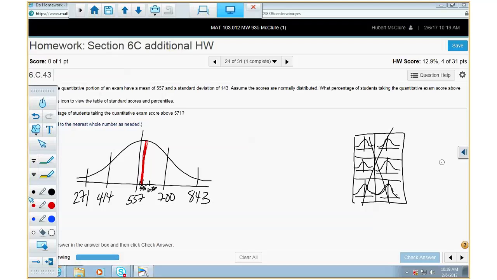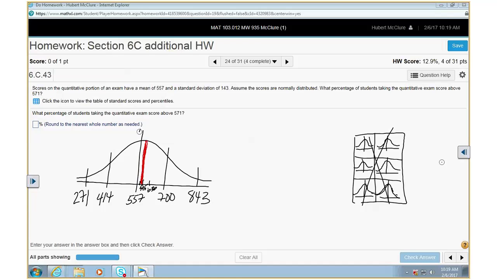It's around 50 right here, right? So about 55, 60%, somewhere around there. So that means that this side right here by common sense is going to be around what? 45%? So put you an equal sign with a dot that says around 45%.